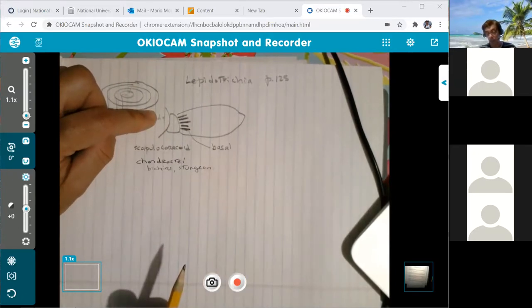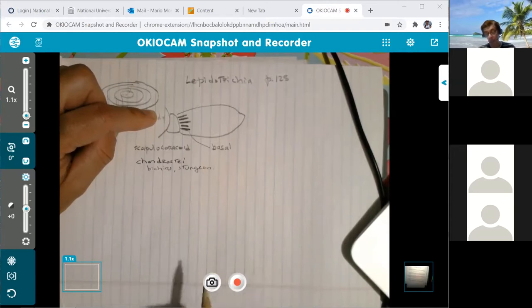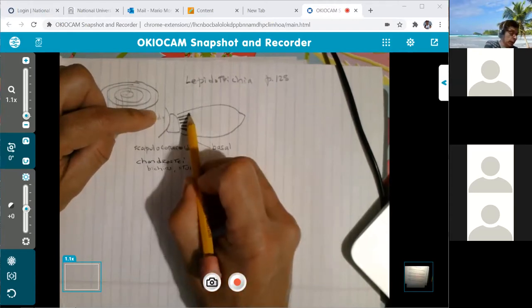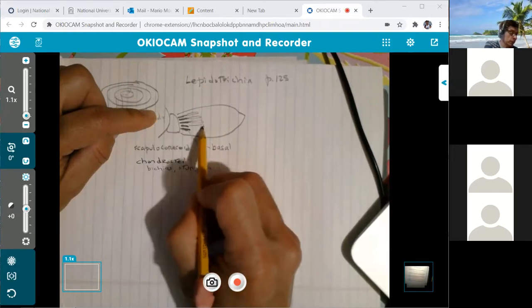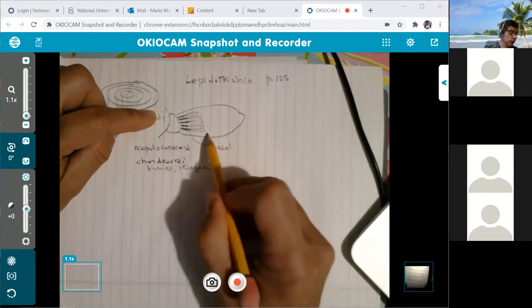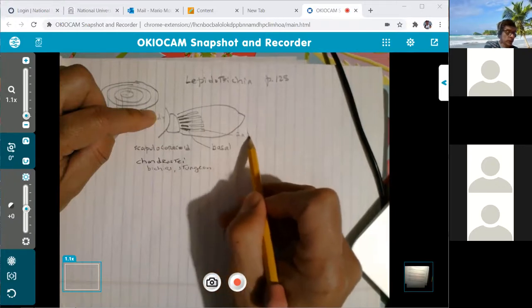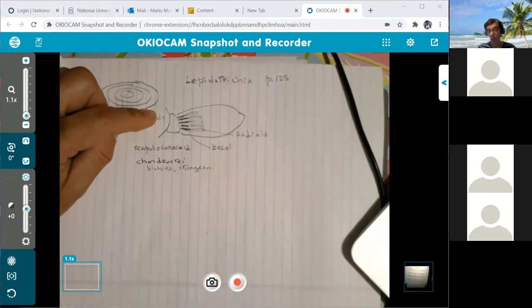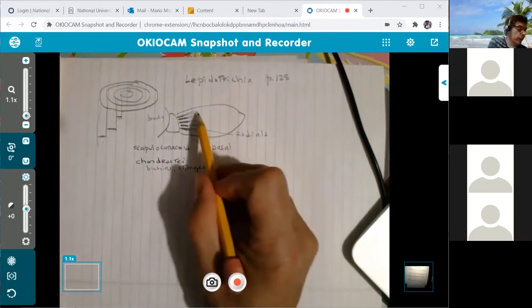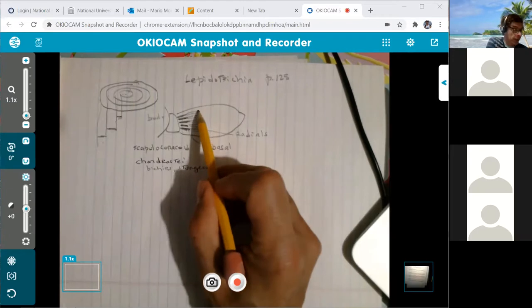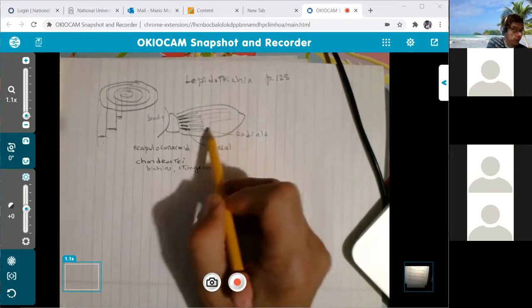Then from that, you're going to have radials. So you can have more bones like that. Those are radials. And then you just have what they call fin rays.